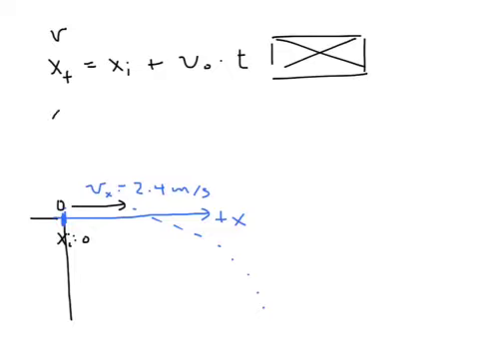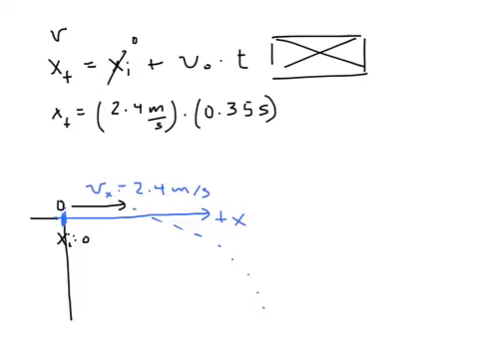So the final distance is equal to 2.4 meters per second times the time, which is 0.35 seconds. I'm going to keep this extra significant figure here. It just feels so bad to lose one.